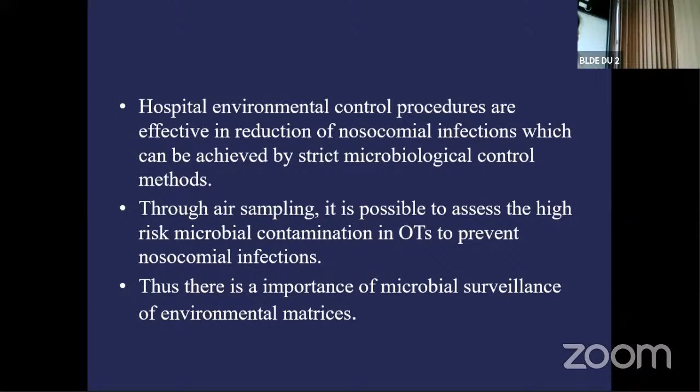Hospital environmental control procedures are effective in reducing nosocomial infections, which can be achieved by strict microbiological control methods. We have many methods, and one of them is air sampling. Through air sampling, it is possible to assess the high-risk microbial contamination in OTs to prevent nosocomial infection. Thus, there is an importance of microbial surveillance of environmental sources.